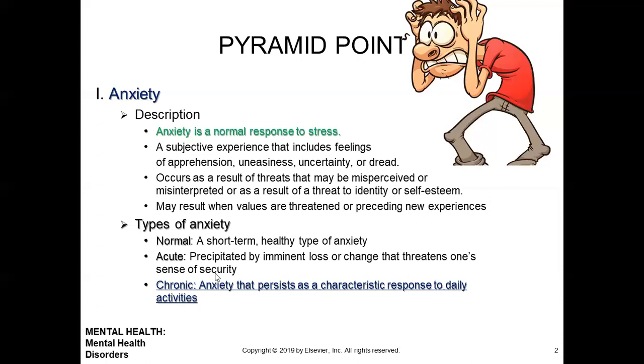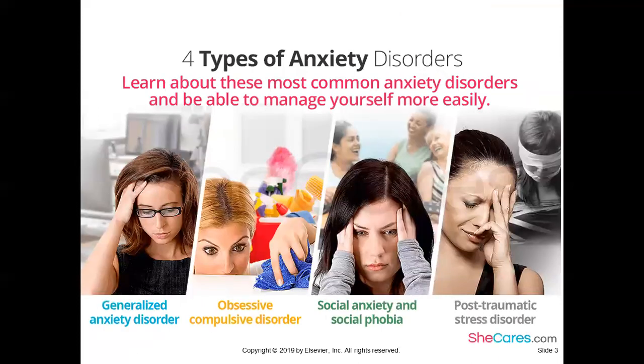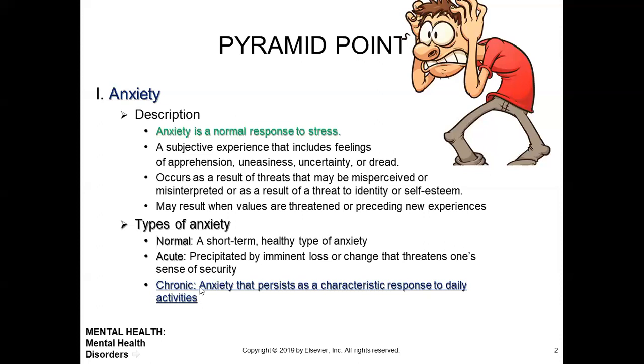The chronic one is anxiety that persists as a characteristic response to daily activities. So here we go, the different types of anxiety. According to the duration, we categorize acute and chronic, or according to the severity, we categorize mild, moderate, severe, and panic level.